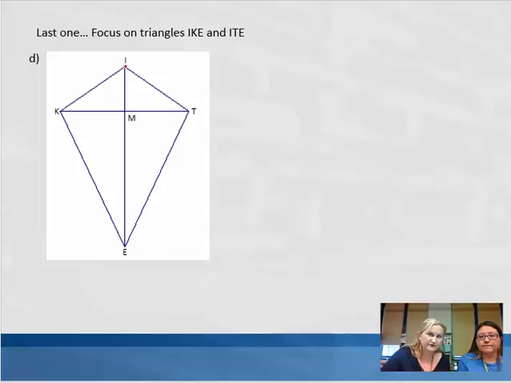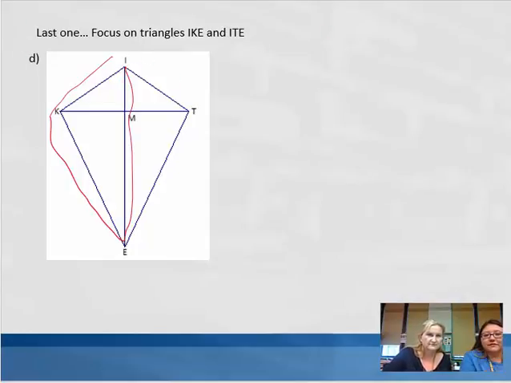But I'm going to focus on triangle IKE. So IKE is the one on the left. And then I have ITE, the second one.